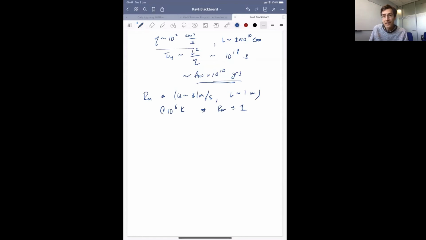So if you were marching around in the sun at a region where the temperature is about 1 million Kelvin, a person-sized thing would have an Rm of 1. So when we say the magnetic Reynolds number of the sun is really, really big, I mean it is, but it's big not especially because the diffusivities are so small. It's mostly just that we're talking about really, really big length scales.